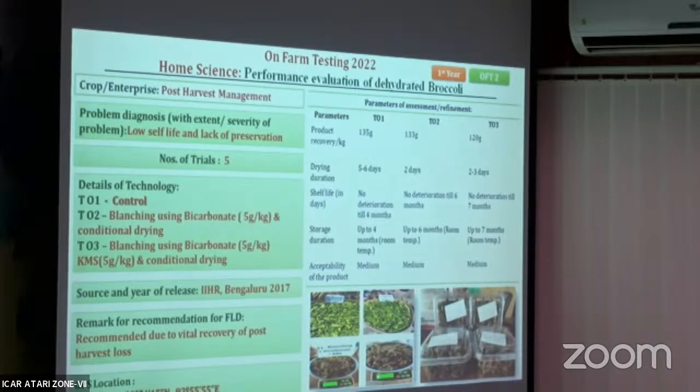And then there was conditional drying, and we found it remarkably good, and there was less harvest loss. So it is recommended for OFT in the coming year.